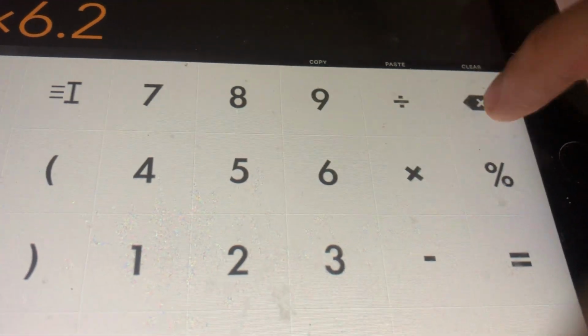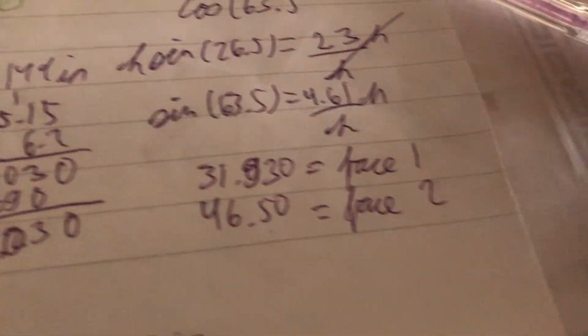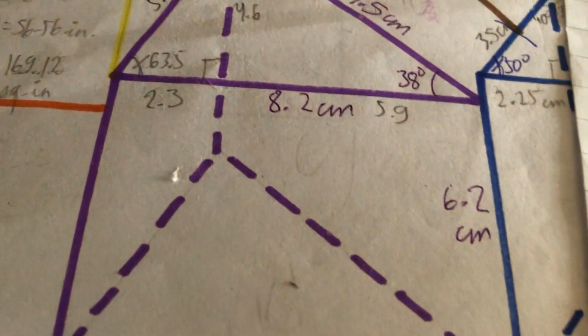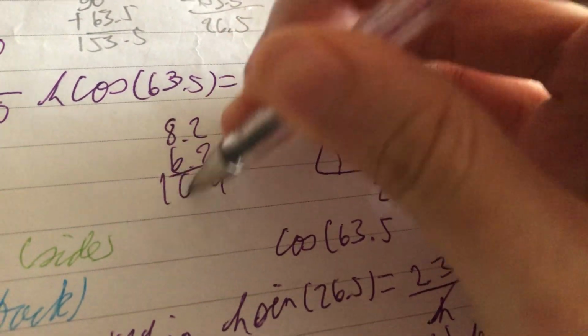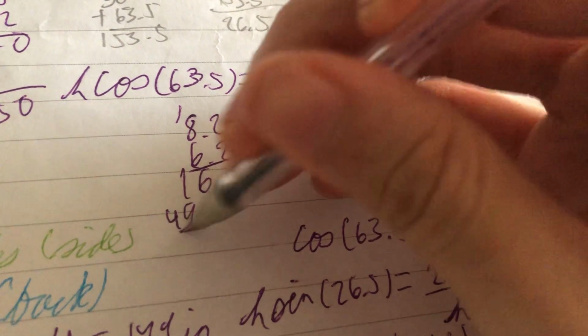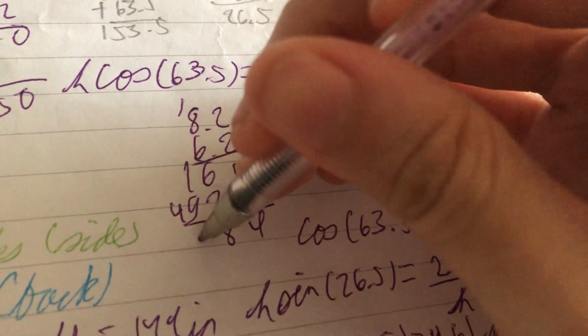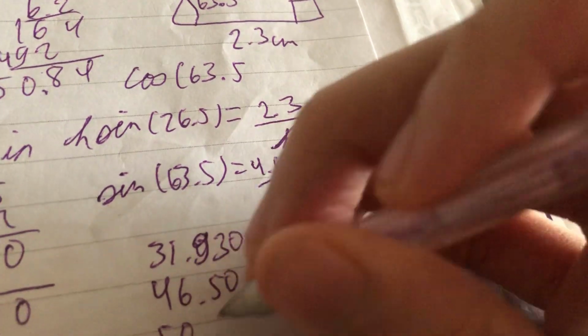Yan. 46.5. Then the last face is 8.2 times 6.2. Kung ganon, 4, 164, 12, 49. Add 8, 10, 50.84. Yes, very good. 50.84.